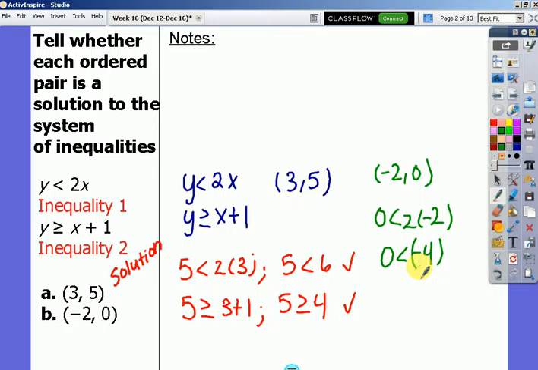I don't even have to check the other inequality. Okay, so that's not true. So not a solution. All right. Do you have any questions about this concept before we move on? No? Okay.